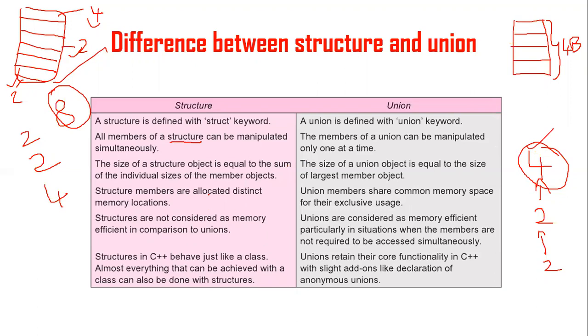While in a program, which will come more handy, structure or union? Both you can use, only in terms of implementation. When you go for memory implementation or memory optimization, then the union is the better one.